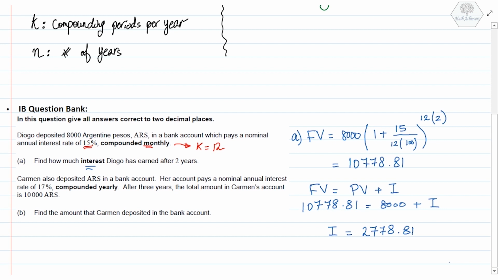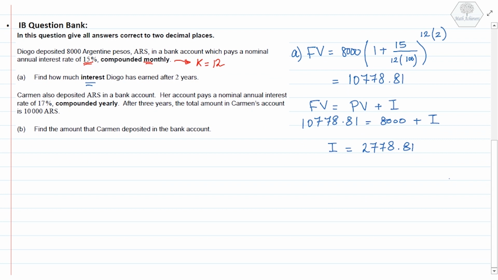This is for part A of the question. We found the interest gained. So now, let's go to part B.